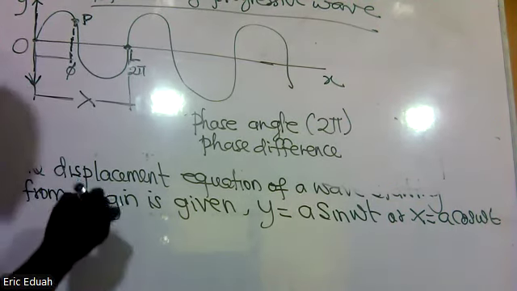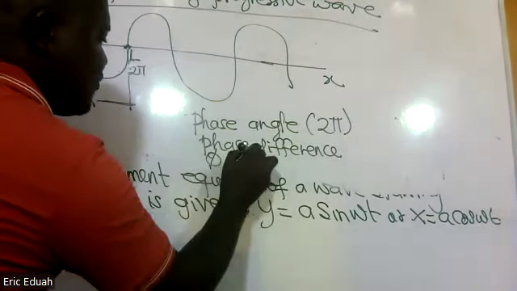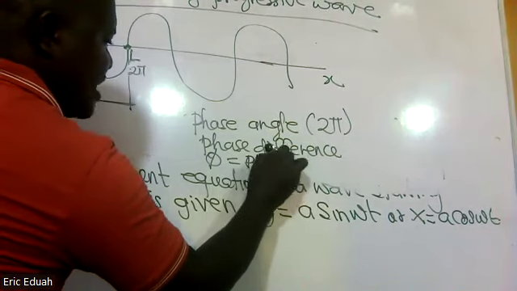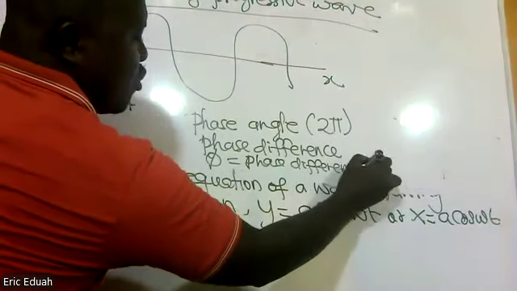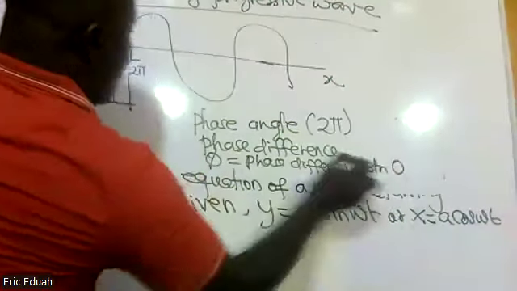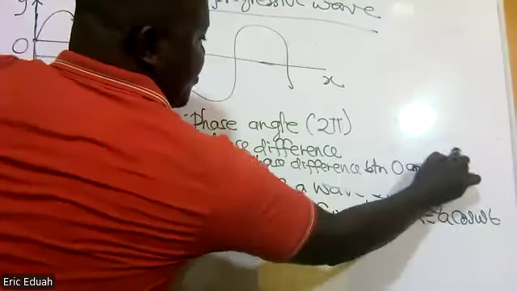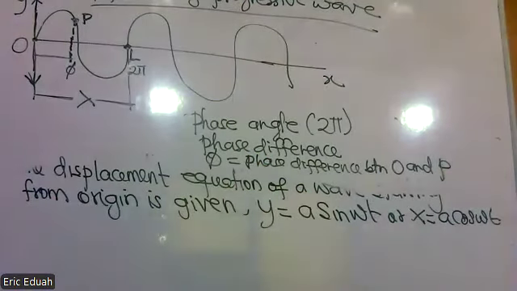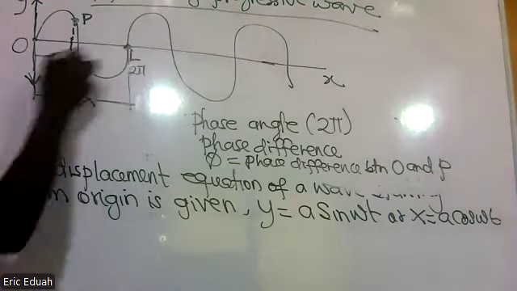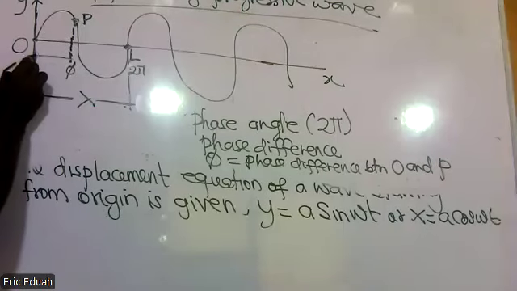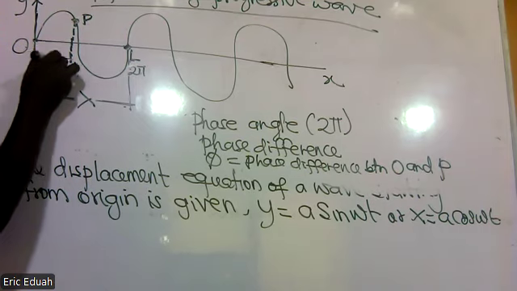So phi is the phase difference between O and P. The wavelength we don't know. The wavelength between this point L and O is lambda, but the wavelength between O and P we don't know. So let's represent that by X.